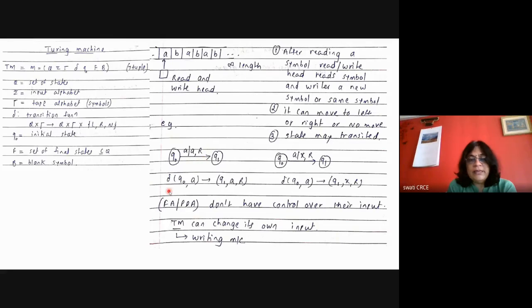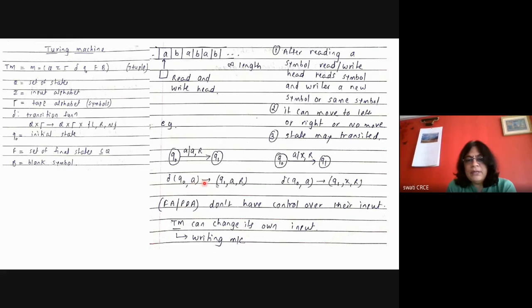But when you are writing delta in terms of functions, then you can say that here q0 comma a means in the state q0 it is reading a small a. That will result into a new state q1 and the new symbol small a comma R. So RHS is three symbols, LHS is two symbols. Current state is q0, it's reading small a.